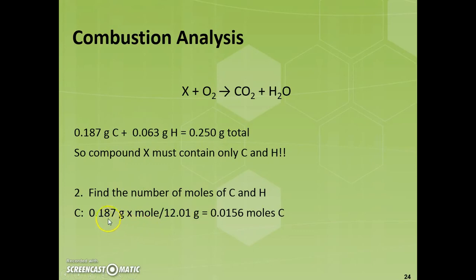We say we've got 0.187 grams of material times 1 mole of carbon for every 12.01 grams gives us 0.0156 moles of carbon. And in the hydrogen case, we get 0.063 moles of hydrogen.